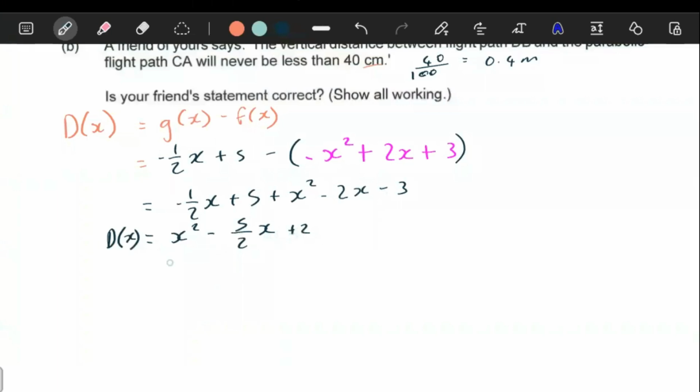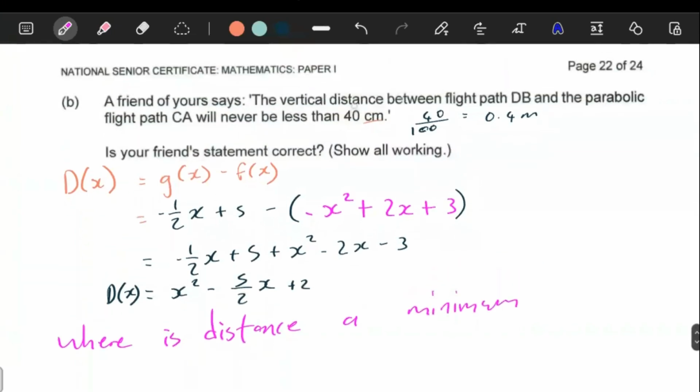Since this is the equation of the distance, you want to work out where the distance is a minimum. You want to show that the distance is a minimum at a specific x value, and then show that at that x value, the minimum distance is 40 centimeters, which is 0.4 meters.